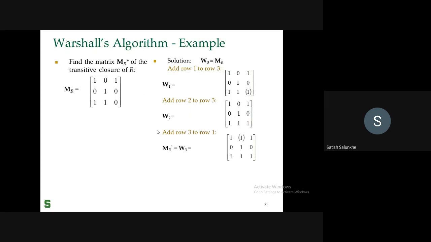So coming here, initially W0 is this, now we need to find out W1. So how to find out W1 with respect to this algorithm?